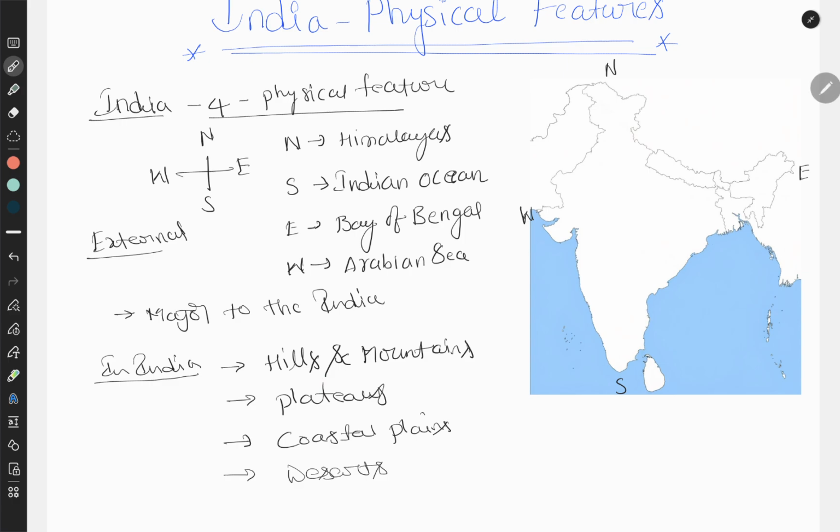Coming to the hills within India, some part of the Himalayan ranges fall in India. These are the Himalayan ranges.